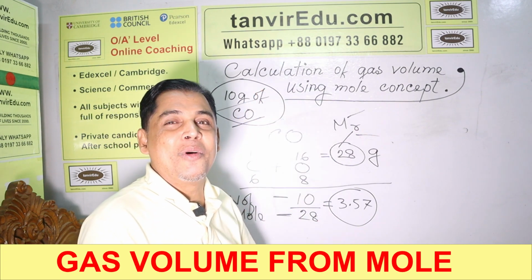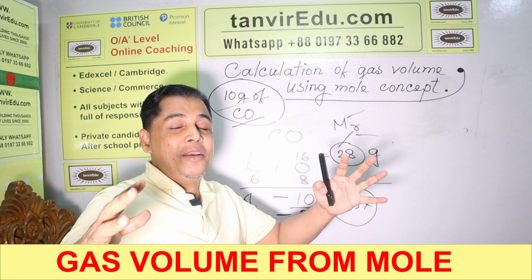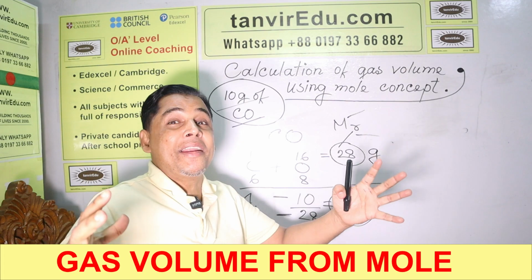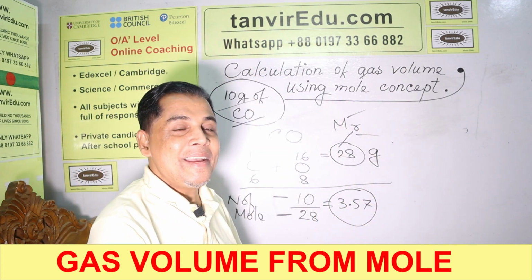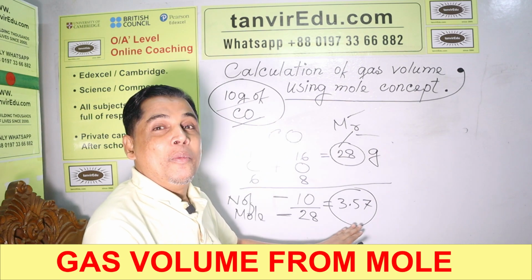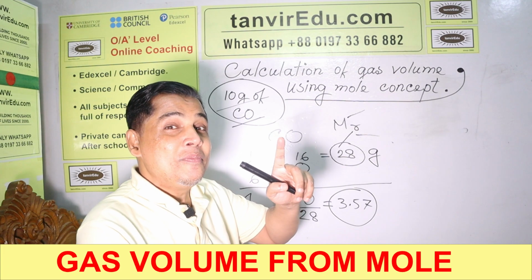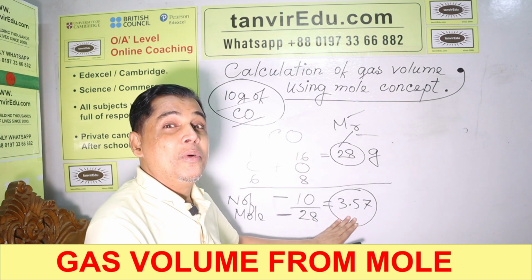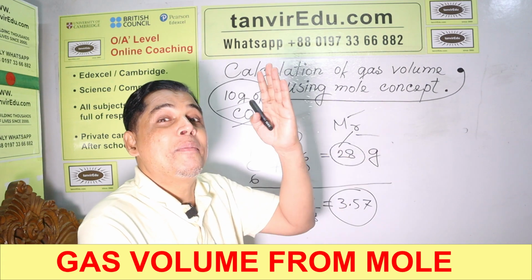What is exactly molar volume? Any gas occupies 24 decicubic meter, and this is called molar volume. Molar volume multiplied with the number of moles is equal to volume of gas.